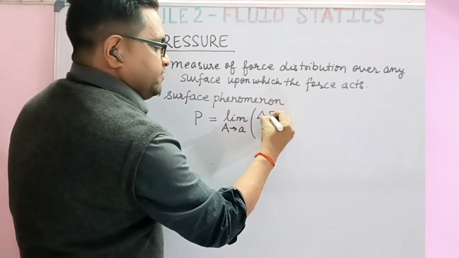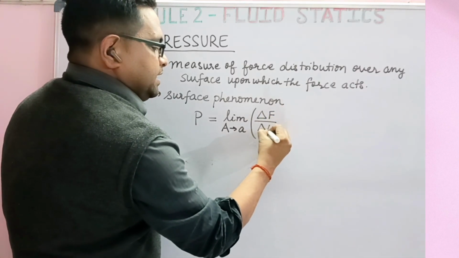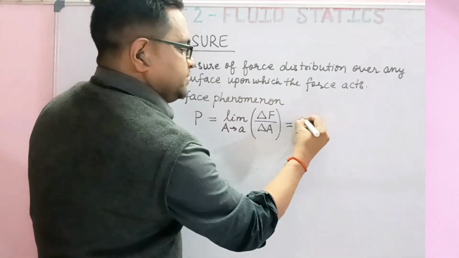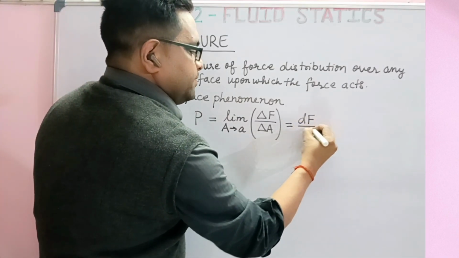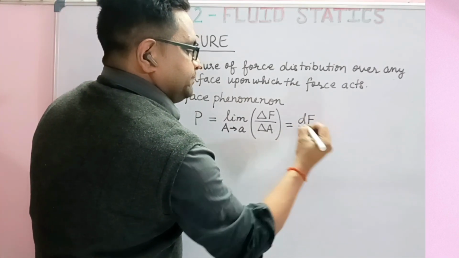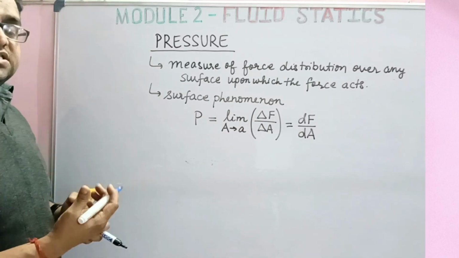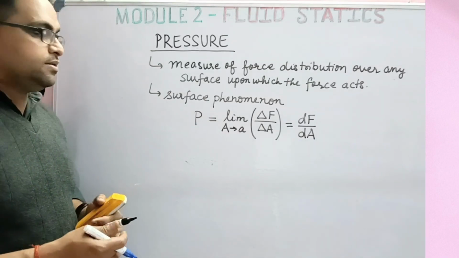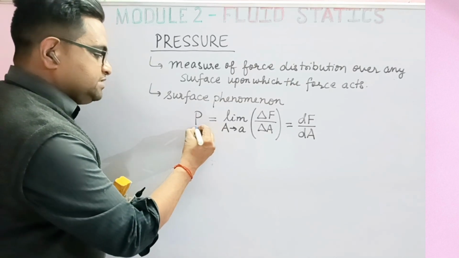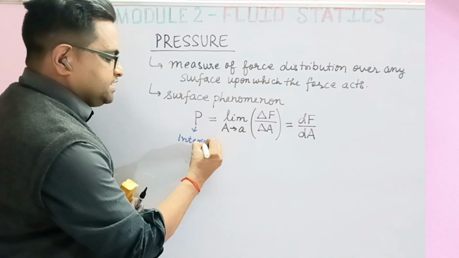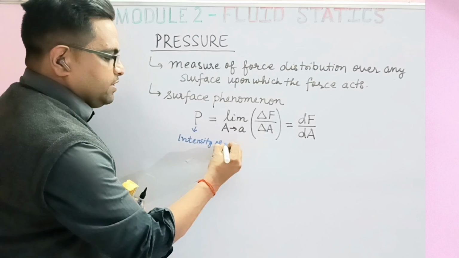So del F upon del A, or in higher terms we'll say dF upon dA. Here P is what we call as pressure, or in a more accurate term we will say that this represents the intensity of pressure.